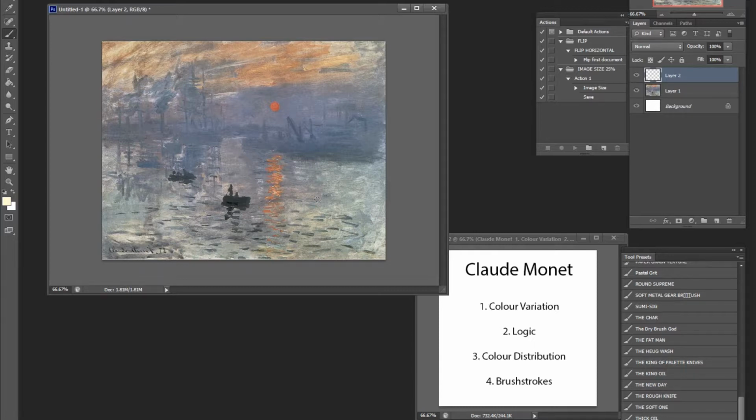Color distribution, what we can pull out of it is, in a composition, you don't want to have a certain color be exclusive to a quadrant. And I always said this in other videos as well. Look at how the colors are distributed here.